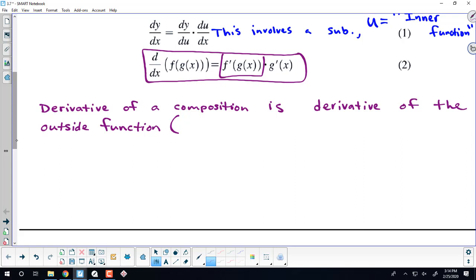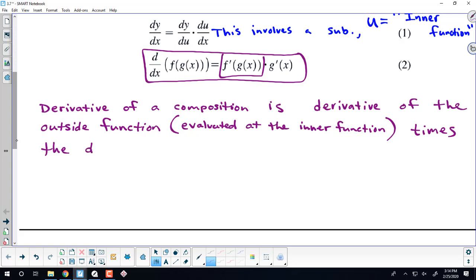So it's the derivative of the outer function still evaluated at the inner function. In other words, that one's left alone, times the derivative of the inner function.